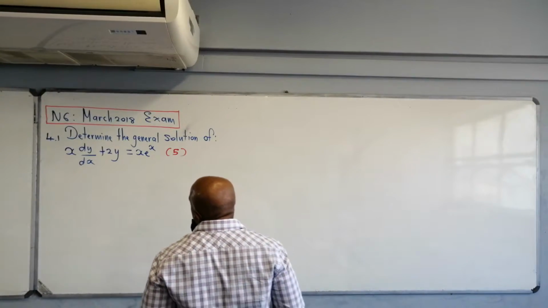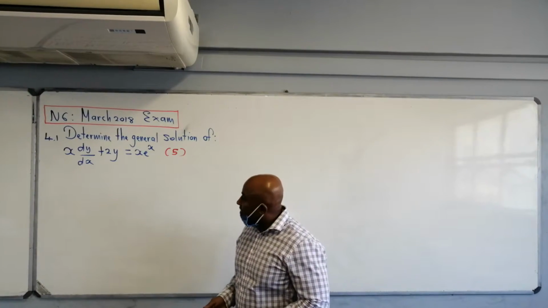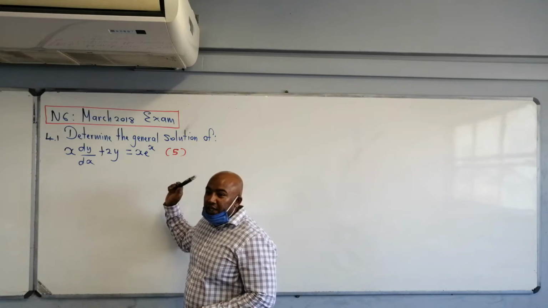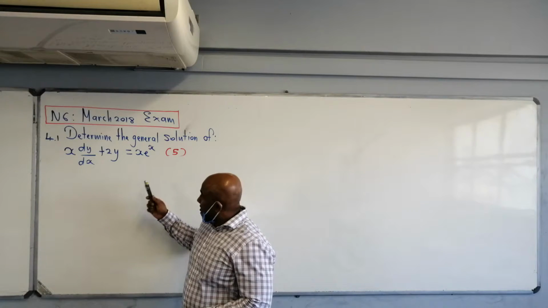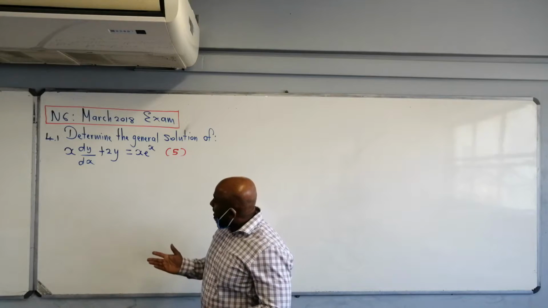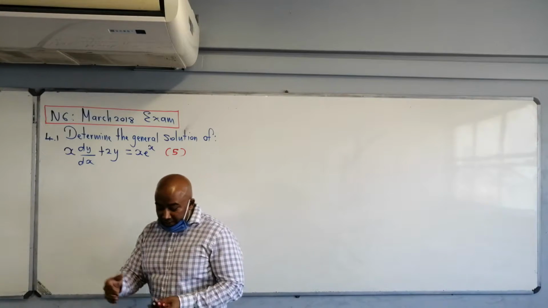Our next question we're taking from March 2018. So here they asked you to determine the general solution of this. It's a first order again. So here, let's see what we need to do. We need to divide by x again.